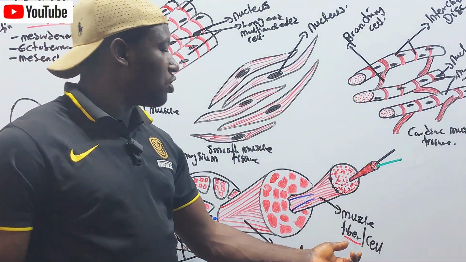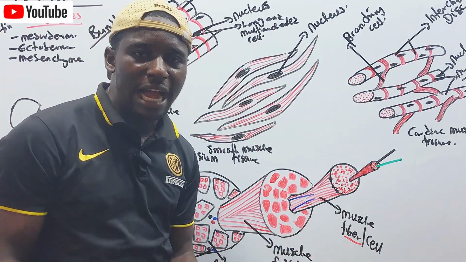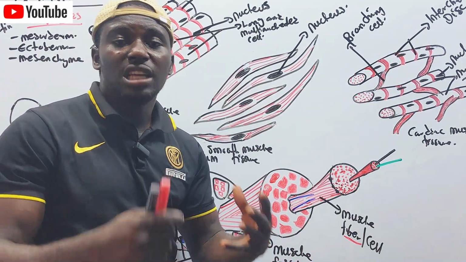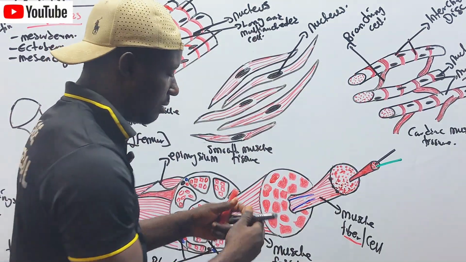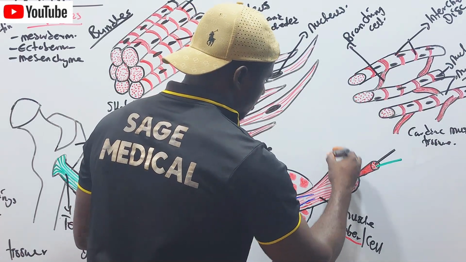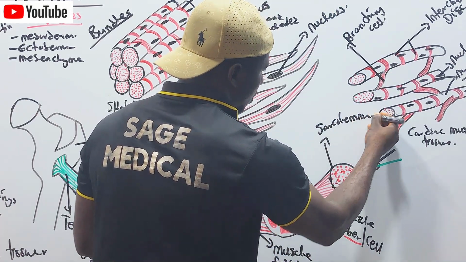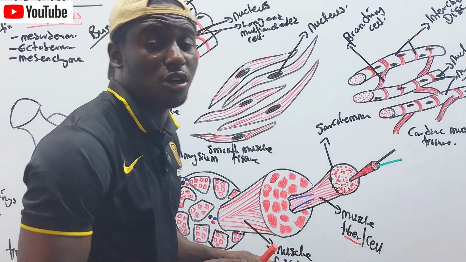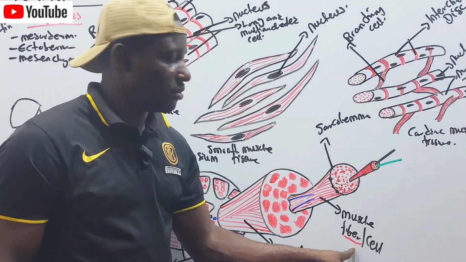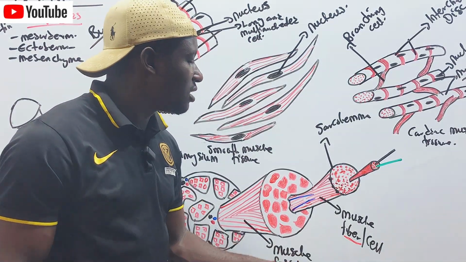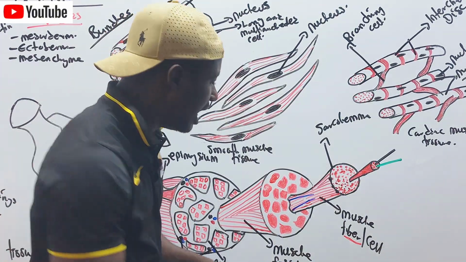And this muscle fiber is encased or covered by a specialized muscle cell membrane known as the sarcolemma. This is the sarcolemma. It covers the muscle fiber. And the muscle fiber is surrounded by the endomysium.